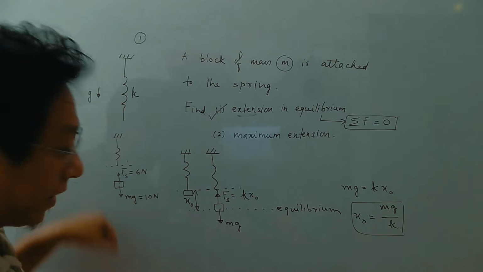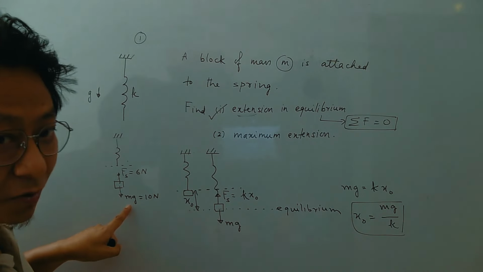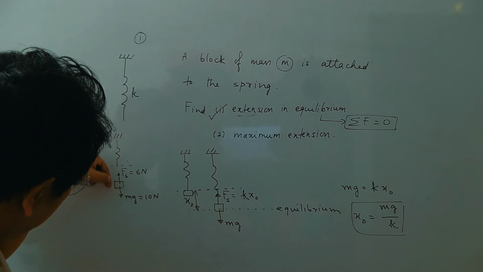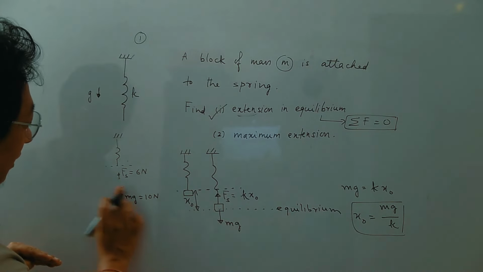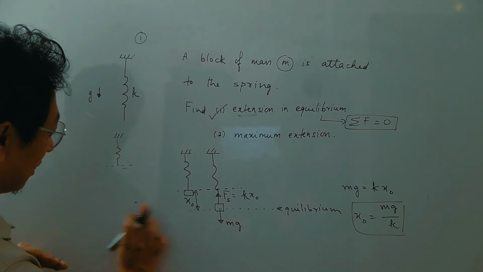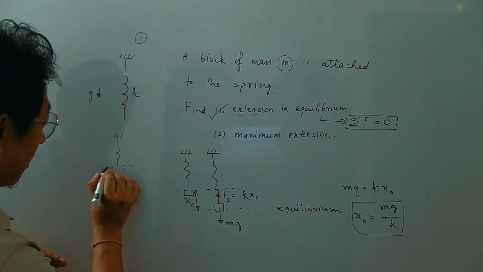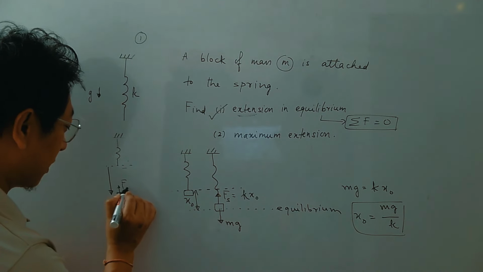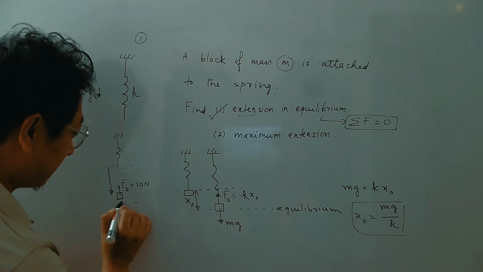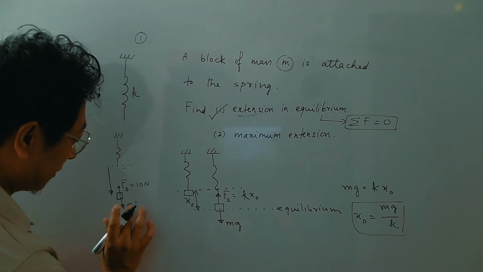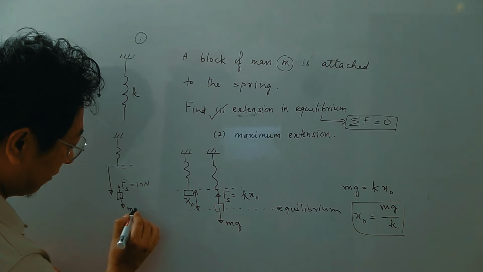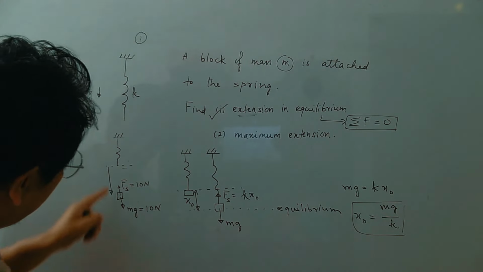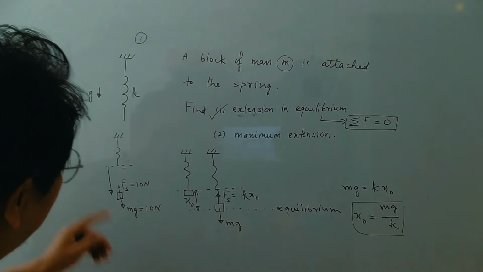So it will further accelerate because there is still a net force of how much? 4 Newton, 10 minus 6. So because of net force downwards, it will further accelerate. So its velocity will further increase. And a time will come when the spring force will also become 10 Newton, same as gravitational force mg. So now what is the net force? Now the net force is 0.